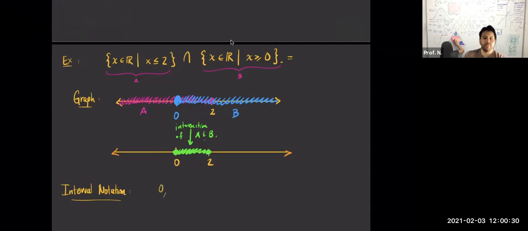So 0 is the leftmost endpoint and 2 is the rightmost endpoint, with square brackets because I include both 0 and 2. If you really want to make this into one single set builder notation, you can write this as x between 0 and 2.